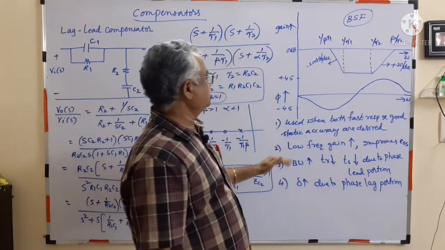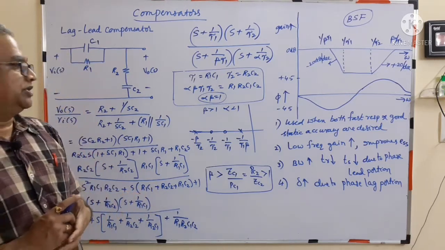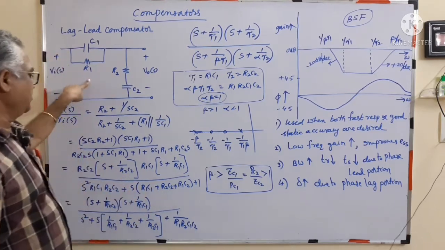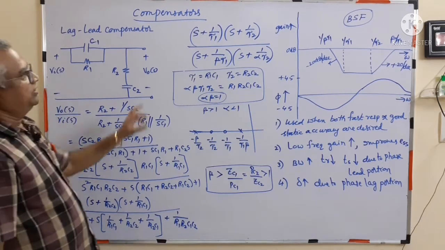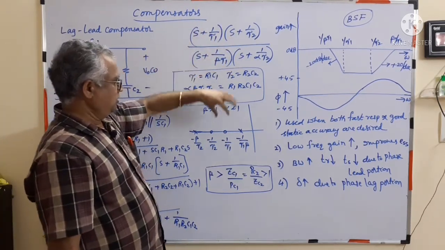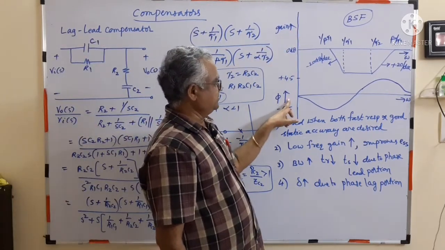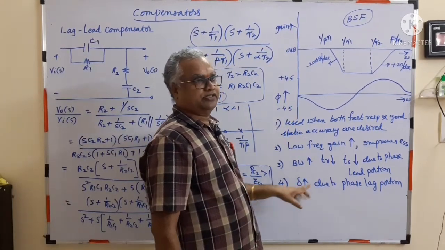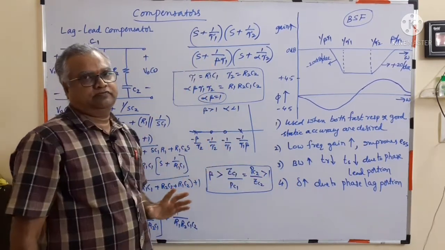So these are the points on the lag-lead compensator. Remember the network, how to get the transfer function, express it in pole-zero form, locate them, draw the gain and phase plot, and remember these points. When they ask individually, you have to do it like this.